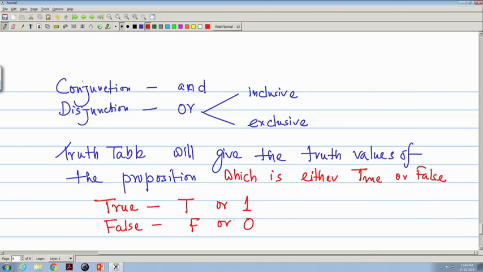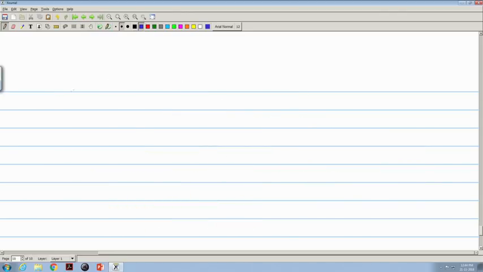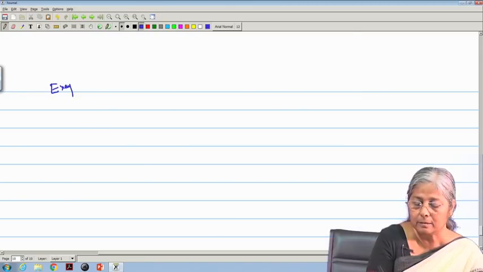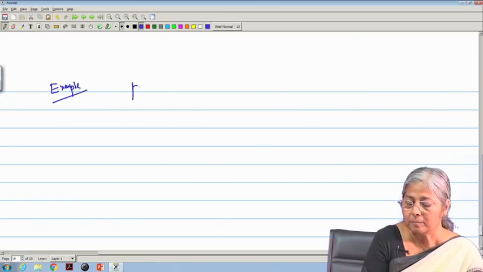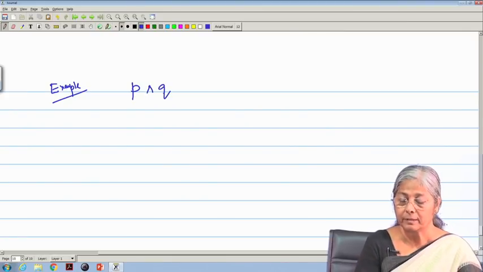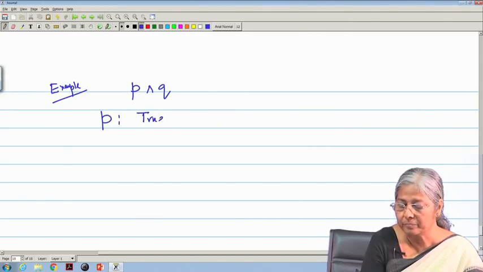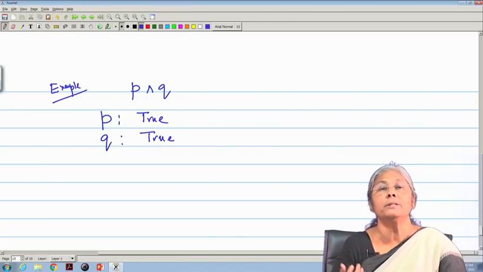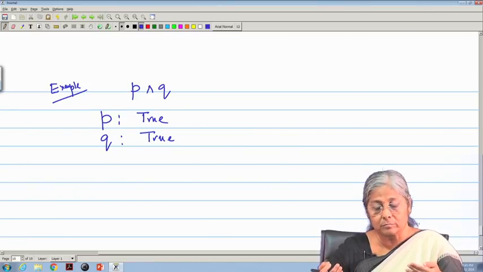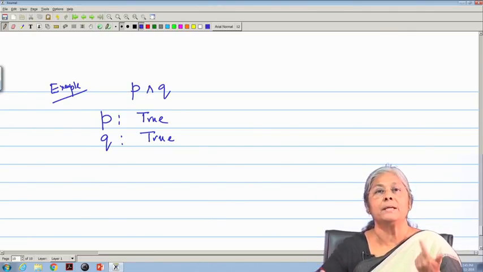So, that means that with the example that we have given, P and Q, if P is true and Q is also true, then what will be the truth value of P and Q?